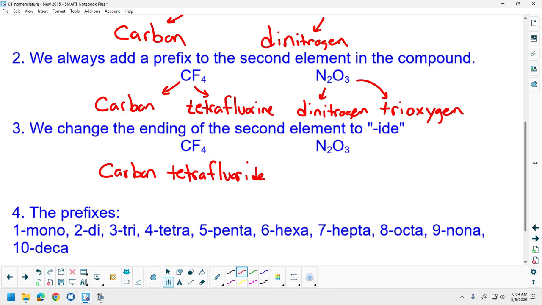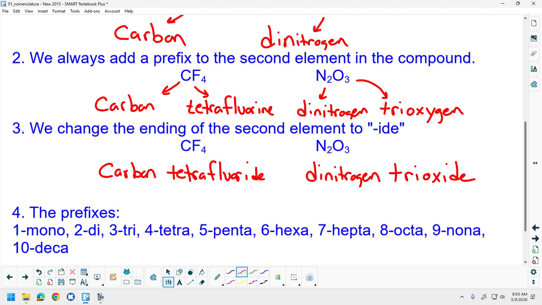And for our second compound here, it's dinitrogen trioxide. So there you go. That's how we name those compounds.